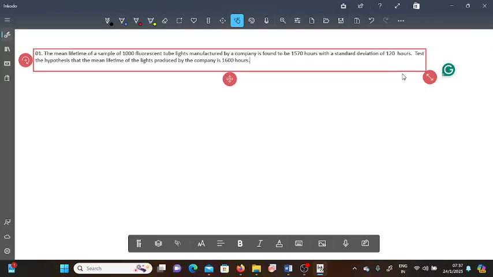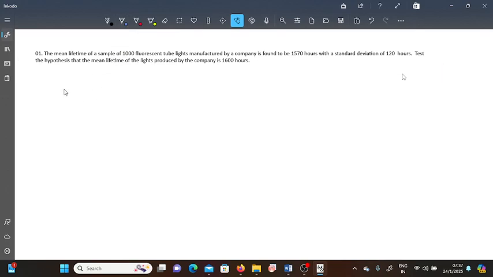That means the sample size n is equal to 1000, the sample mean is 1570 hours, and the standard deviation S is 120 hours.